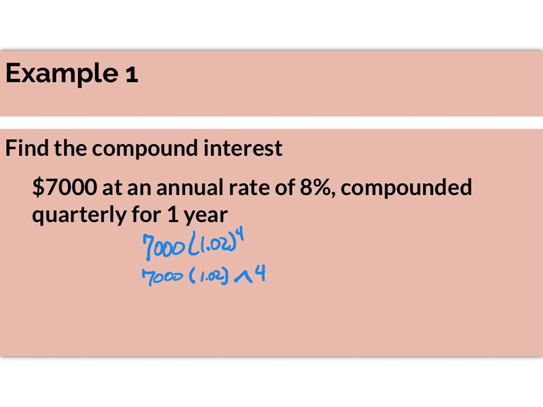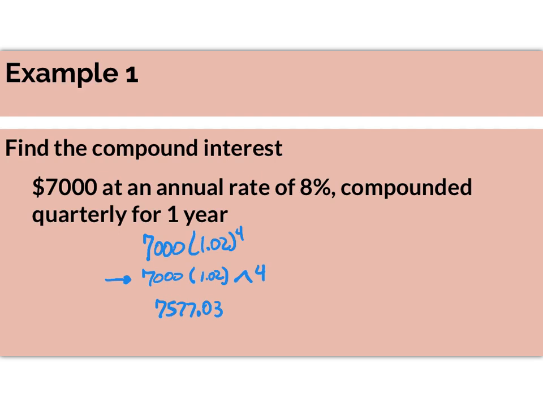So I'm using a TI-84. Now this is how you enter it into the calculator. And what you get out from the calculator is 7577.03. And there are some decimals after that, but we are rounding to the nearest hundredth.